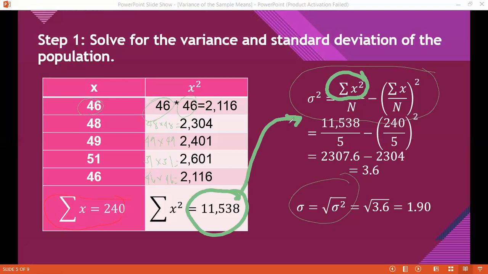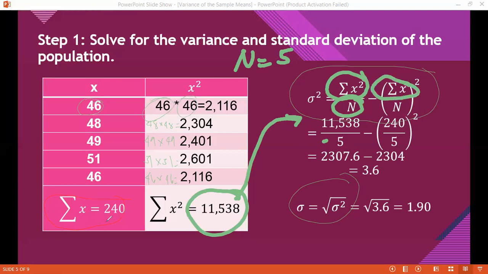Now, our capital letter N is for the population size. How many students were there in our population? It is 5. We have A, B, C, D, and E. So that is 5. Then, summation of x.